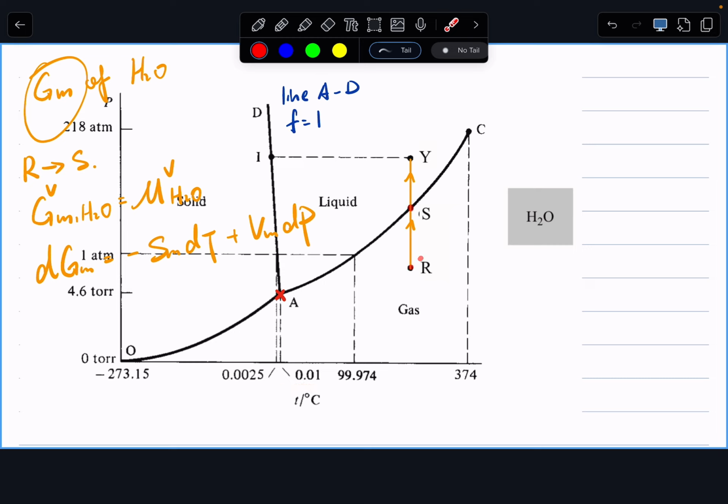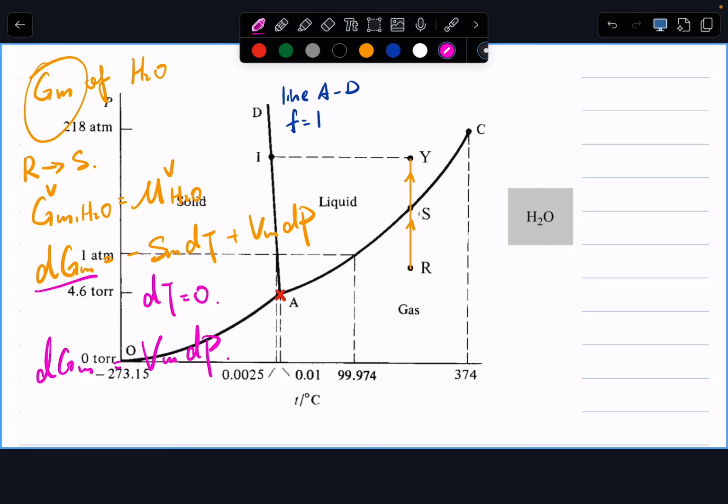So my R to S process is an isothermal process, and that means dT = 0. So far, so good? That means dGm simplifies to Vm dP.